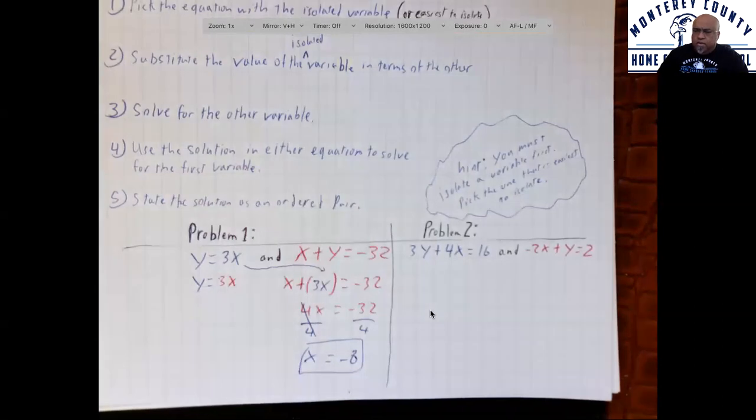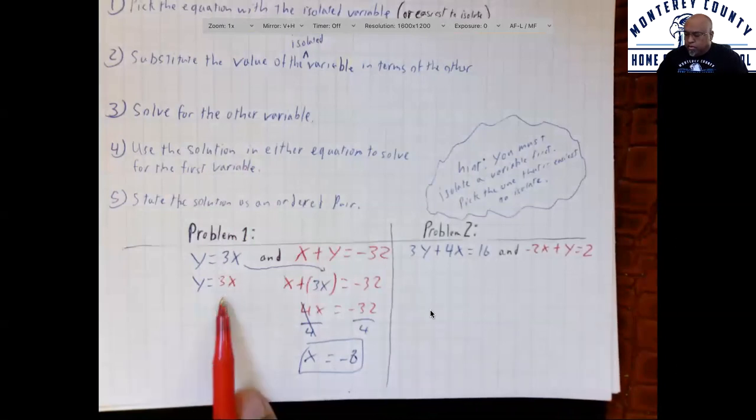So what that means is, since I now know what x is, I can now solve for y. But Mr. Bauer, you know what y is. Y is 3x. I know, but I have two variables here, so it is not in solution form. So here's what I'm going to do. See where it says y equals 3x?